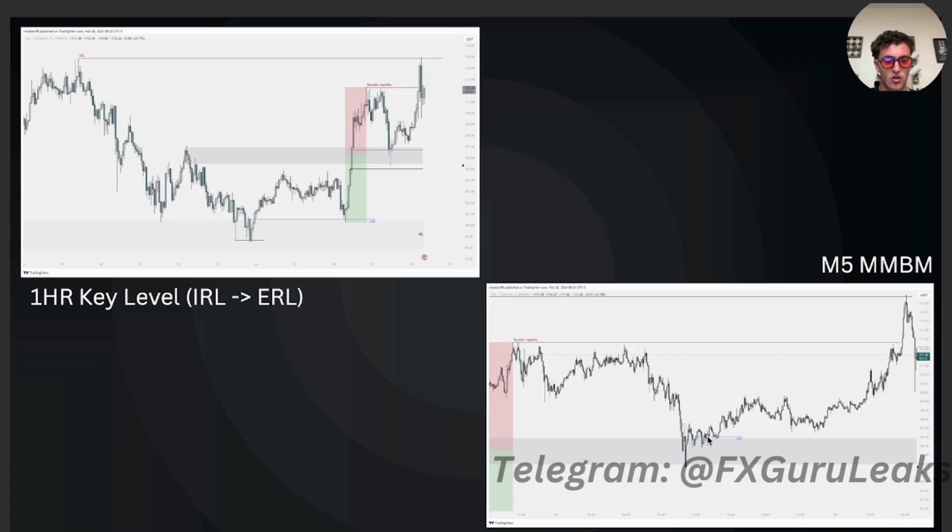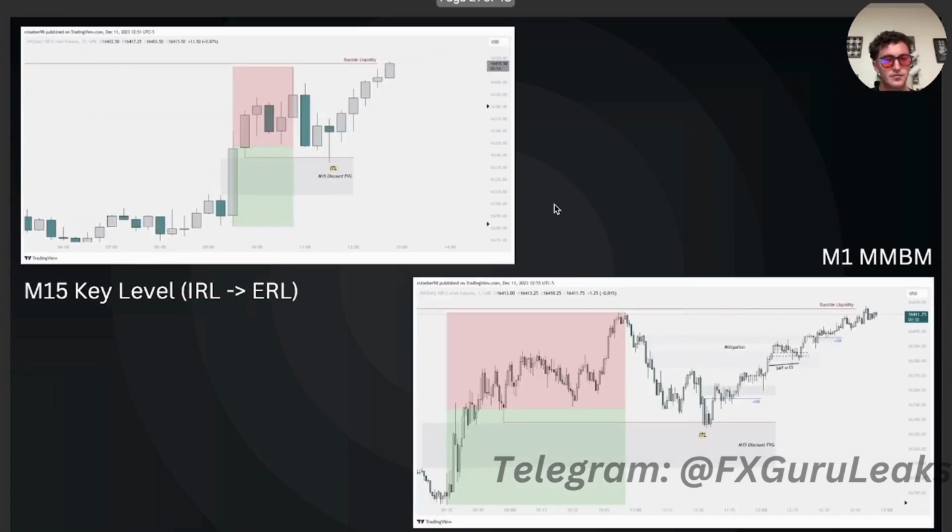Try and catch a long entry to the hourly external range highs, because we're doing just a simple process. Price is impulsing, leaving imbalances behind, taking out external range highs, retracing into that imbalance to then continue its trend and pushing up to external range highs to continue its original draw on liquidity.